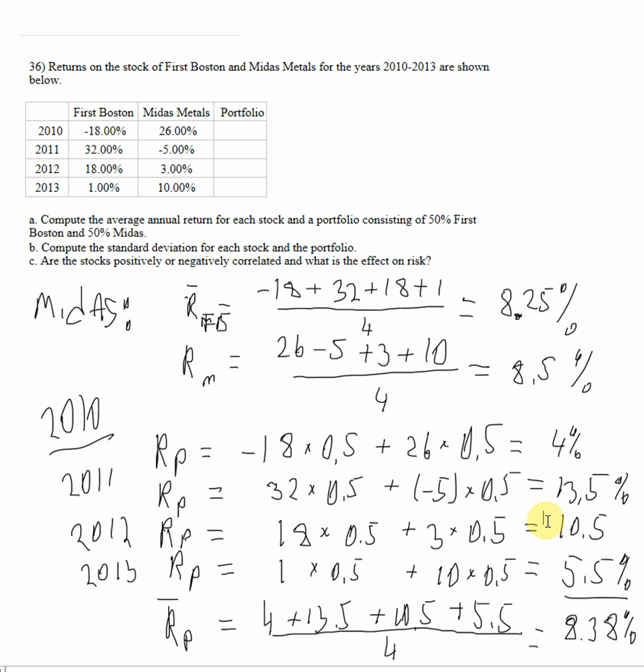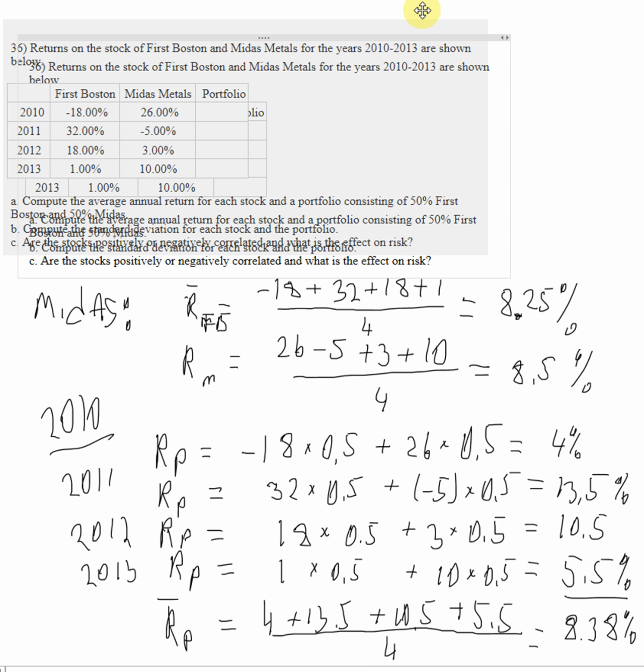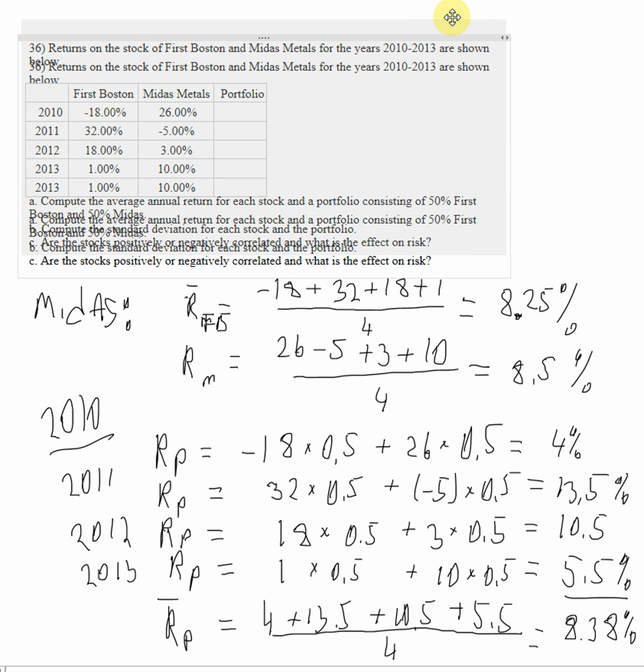Next, I think I will now need to clean this board because I won't have enough space here to write any further. So next thing is, we've done A now, yeah, this is A. So we'll do now this, compute the standard deviation for each stock and the portfolio. So this is what we're going to do. For this I will need to move this a bit up. Can I? Yes, I can.